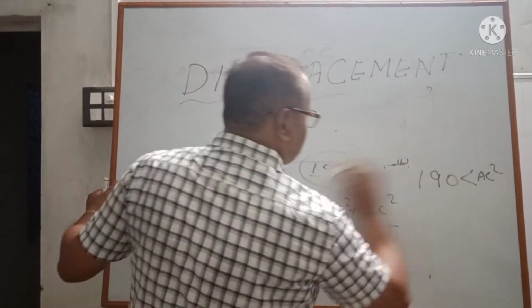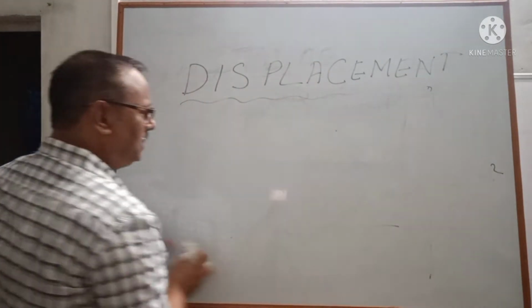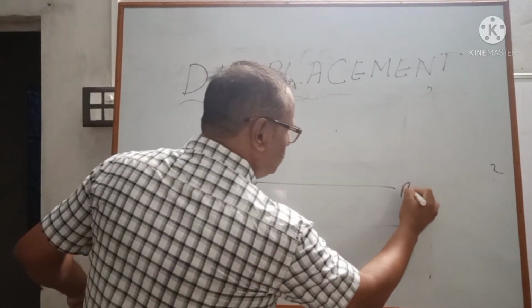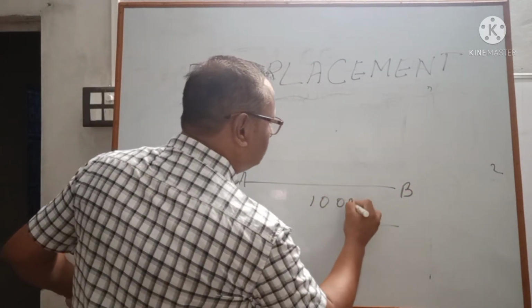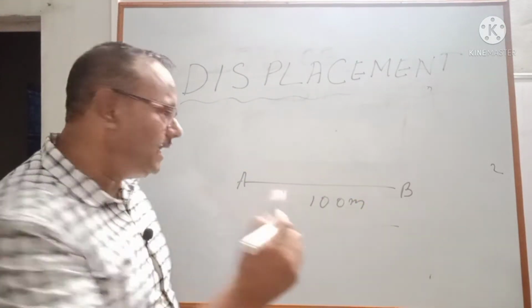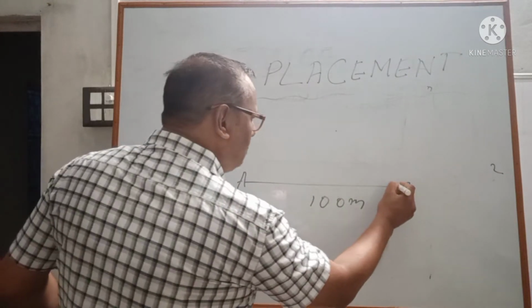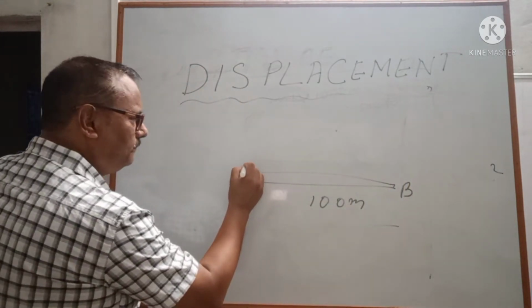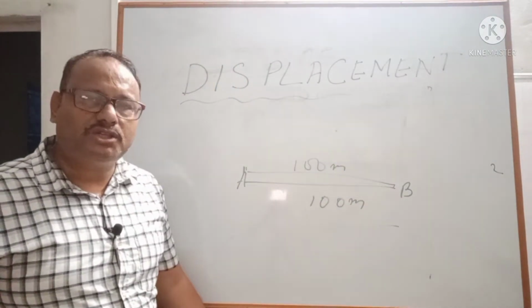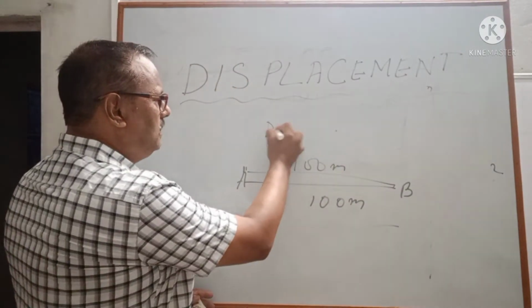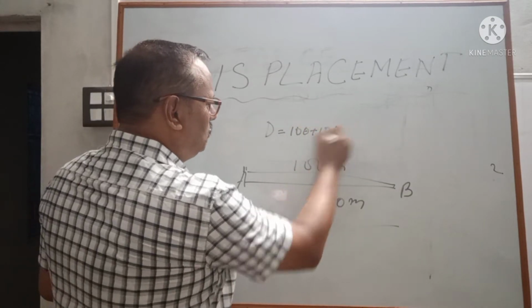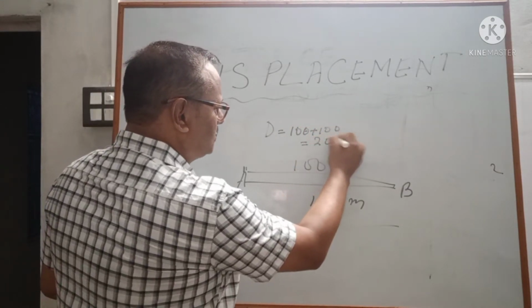Suppose we are imagining we have started from the point A and we reached point B, which is 100 meters. I have traveled from point A to point B 100 meters and I again came back to point A, 100 meters back. So in case of distance it will be 100 plus 100, which equals 200 meters.